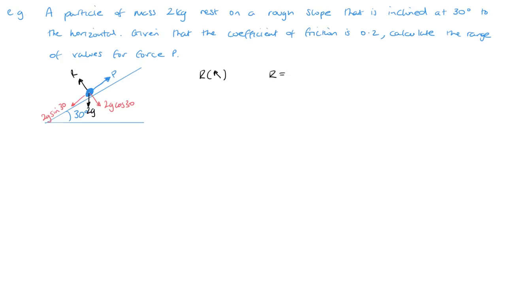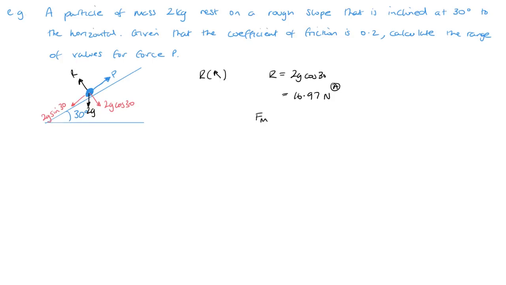So R equals 2G cos 30. So 2 times 9.8 times cos 30 gives me 16.97. Now I'll store this as A on my calculator so I can use the full value.